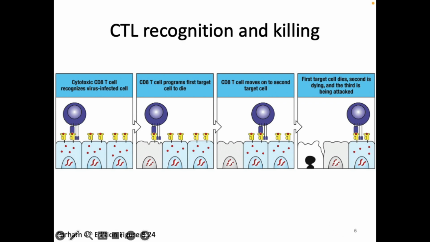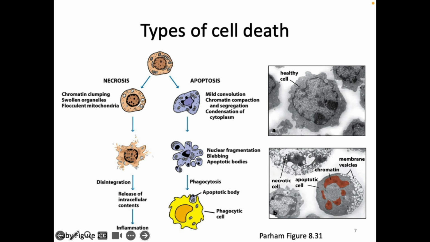So I'm going to talk a little bit about the mechanism of this in terms of specific molecules that are involved. When we think about killing by CTLs, we are absolutely thinking about apoptosis and apoptotic cell death. You saw it in the video as well.